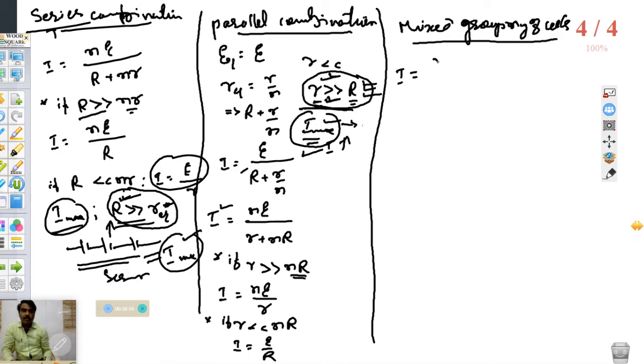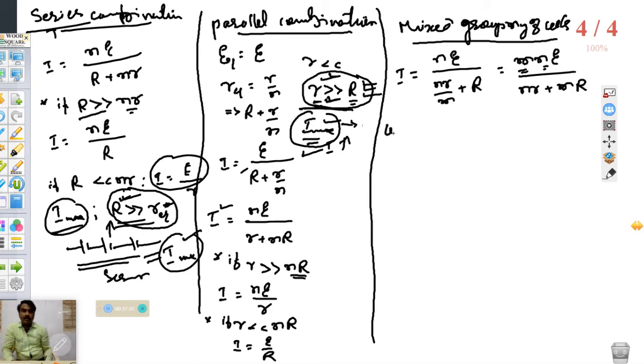This can be written as n times E divided by nr plus mR. Here n represents the number of cells in a row and m represents the number of rows.